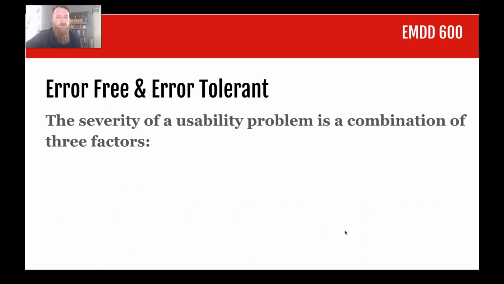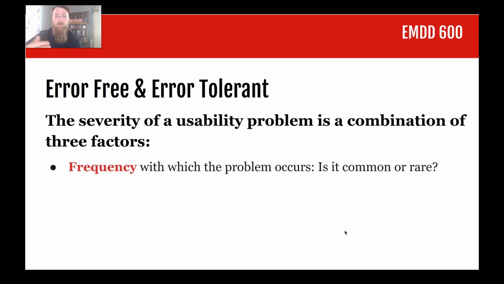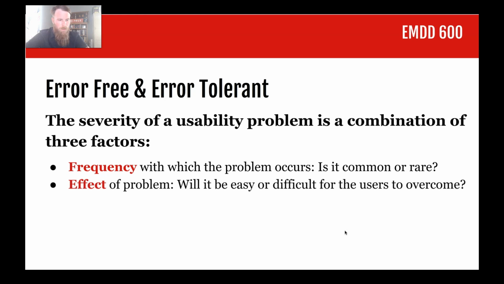A little more on that. Talking about the severity, it's typically a combination of 3 different factors. First is frequency. Is it a common problem, or is it rare? Does this happen all of the time for every user? Is this happening strictly with expert users or novices? How frequently does this thing happen? What's the effect?